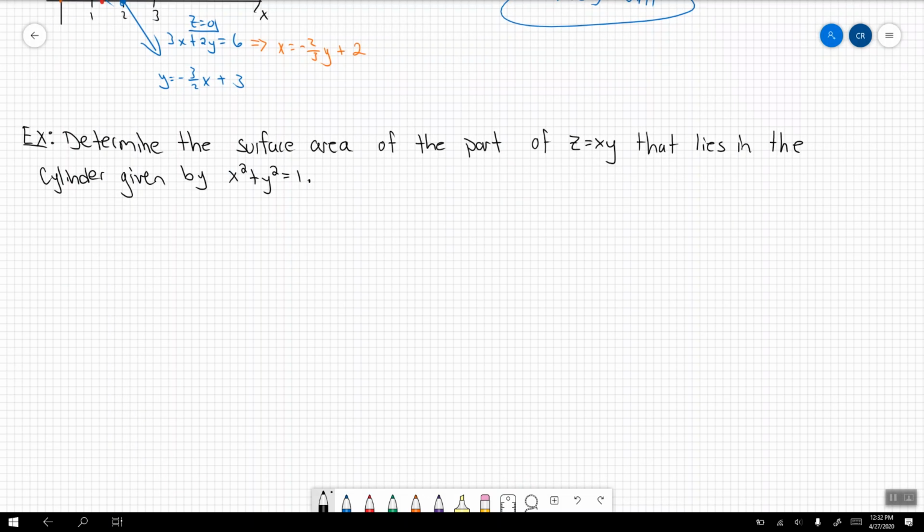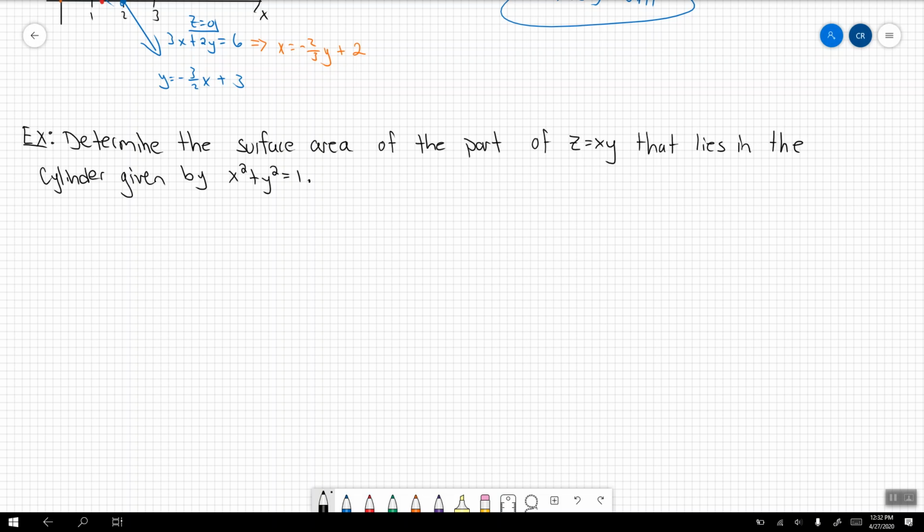So determine the surface area of the part of z is equal to xy. Z is equal to xy, that's a hyperbolic paraboloid that lies in the cylinder given by x squared plus y squared is equal to 1.